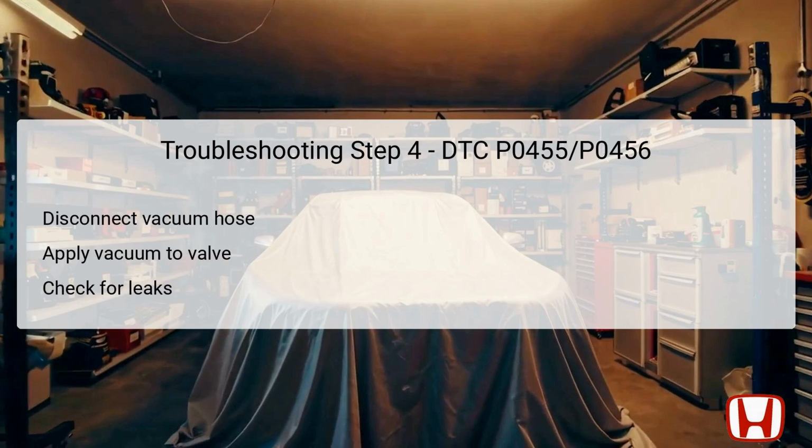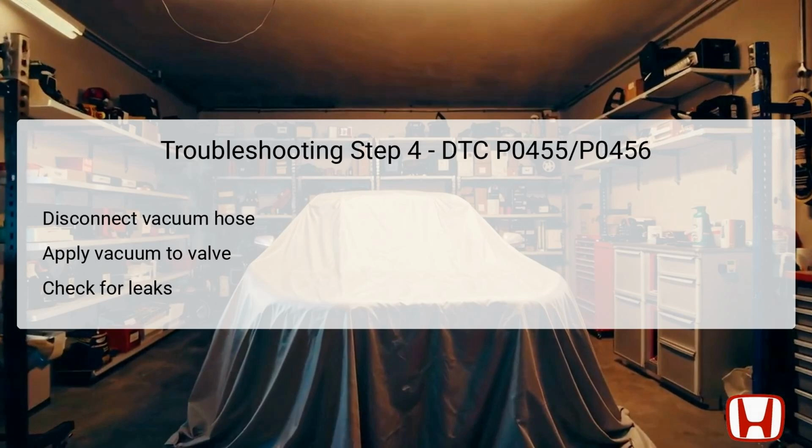assembly. In this step, attention is turned to the EVAP canister purge valve, located in the engine compartment. To begin, disconnect the vacuum hose from this valve and prepare to attach a T-fitting, along with a vacuum gauge, using the specified pressure range. Slowly apply a vacuum of approximately 2 kilopascals or 0.6 inches of mercury to the hose.